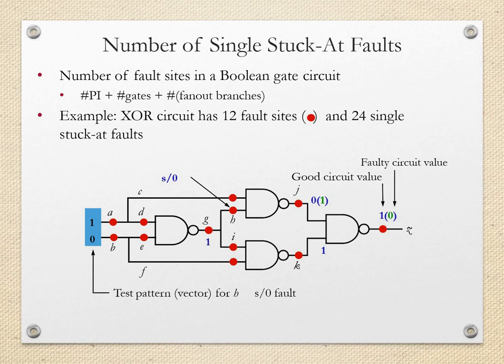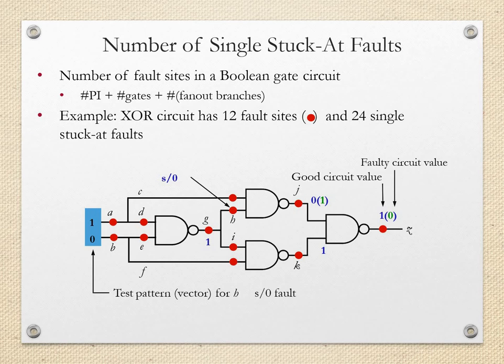So how many stuck-at faults are there? Single stuck-at faults will be considered separately, one at a time. But in this given circuit, you can find out how many such fault sites are there. The fault sites are shown with red bubbles.